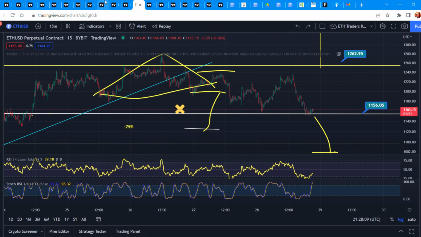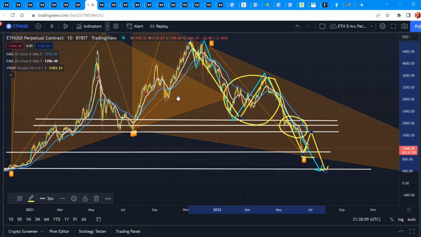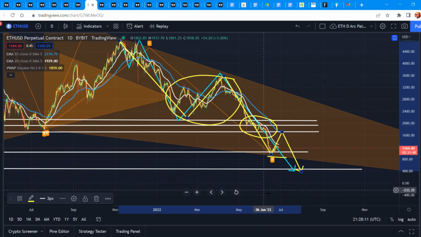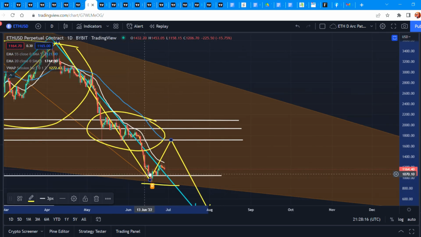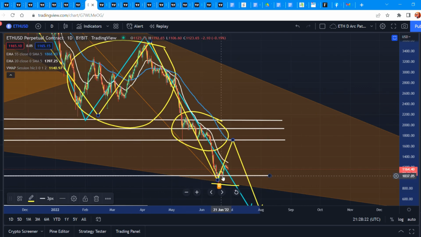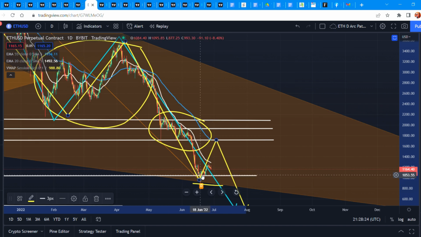So if I'm looking at ETH, and I'm going to do this with ETH, on the daily we have done a triple bottom here on the 1030 support and resistance line. It looks like we're going up towards the 20.